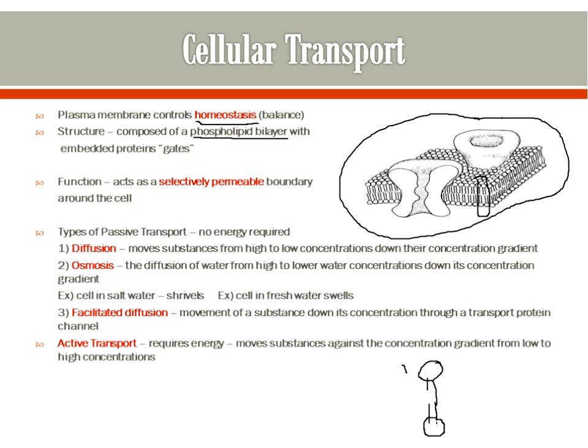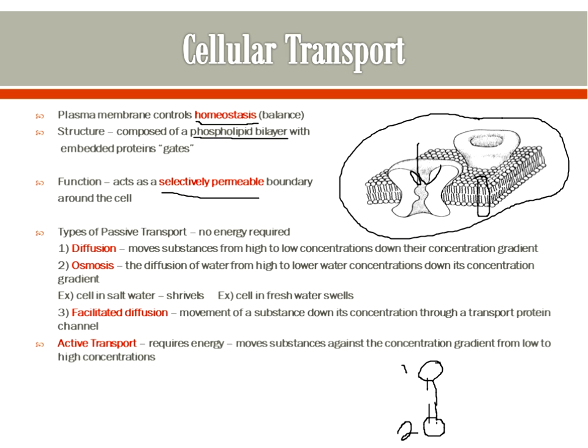Here's one, here's two. So it's a phospholipid bilayer, and these big things right here are proteins. Proteins help things go in and out of the cell. The phospholipid bilayer just repels or attracts water. And it's also a selectively permeable boundary, which means only certain things can go in and out of the cell.